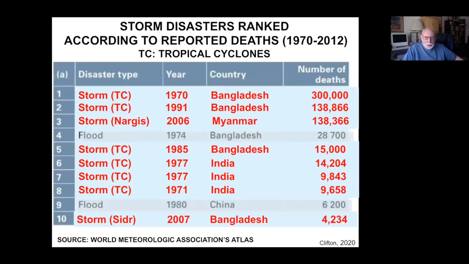And storms, particularly the flooding associated with storms, is just devastating in terms of the numbers of deaths. This is looking at reported deaths due to tropical cyclones in the period 1970 to 2012. And there are hundreds of thousands of people that have been killed and many, many more lives disrupted and changed as a consequence.